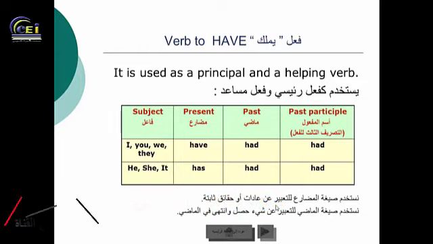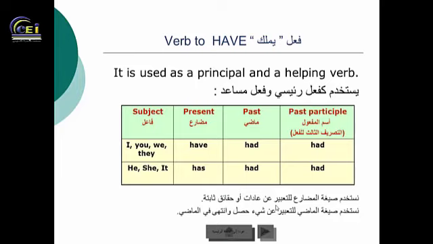The third, verb to have. I, you, we, they have, but he, she, it has. I have, you have, we have, they have. Have is the present with those pronouns, but has for he, she, it, again in the present of verb to have.